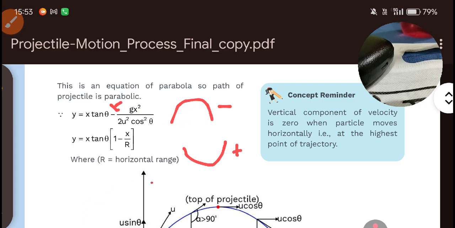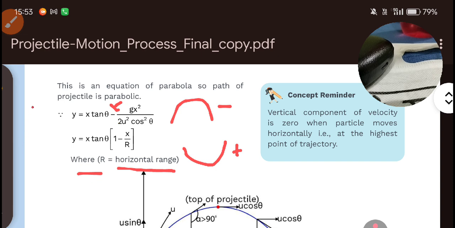Now look at over here. Here x is the x coordinate, and R is nothing but the horizontal range.